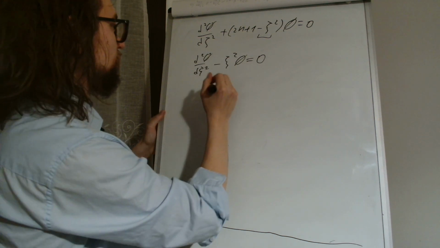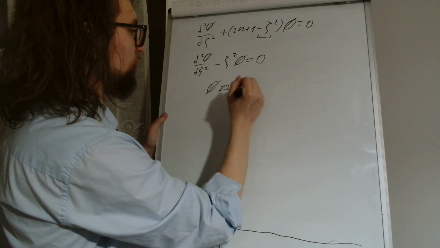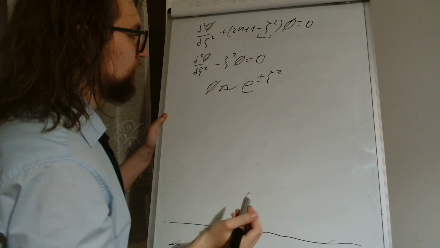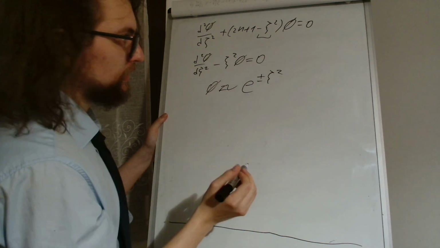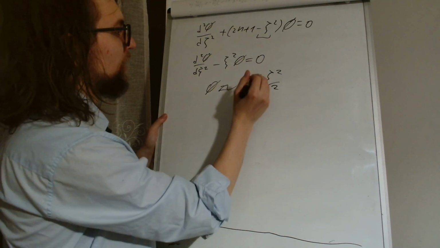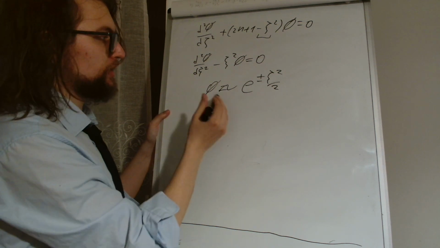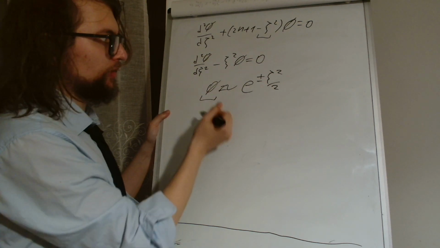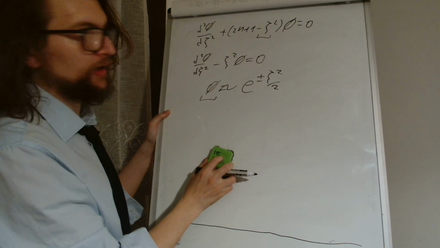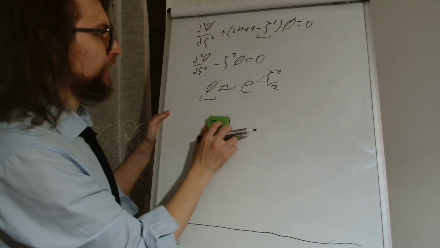And this equation here has two independent solutions of the form plus or minus c squared divided by 2, and the plus solution makes no sense because the wave function would grow at infinity when x tends to infinity. So we're going to take only the solution with the minus sign.